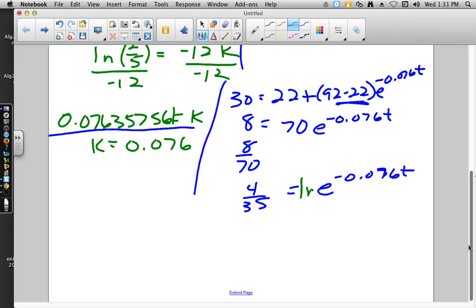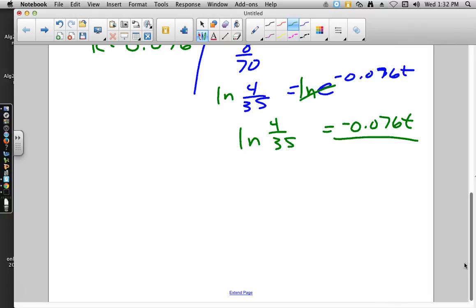And once again, we would take the natural log of both sides. Here we're inverses. And finally, we would divide by the K value.